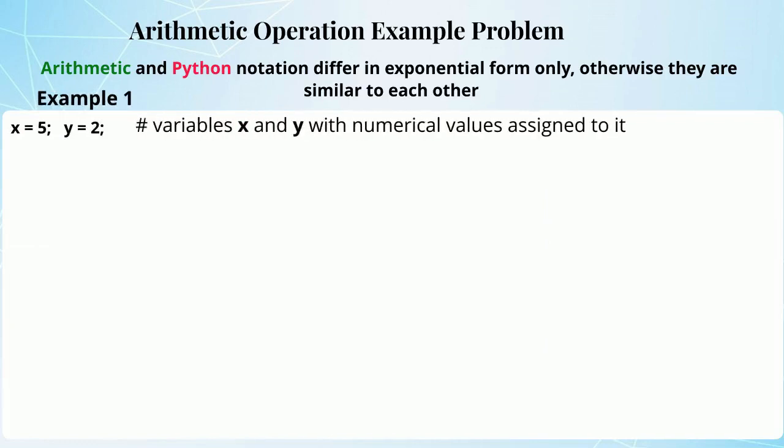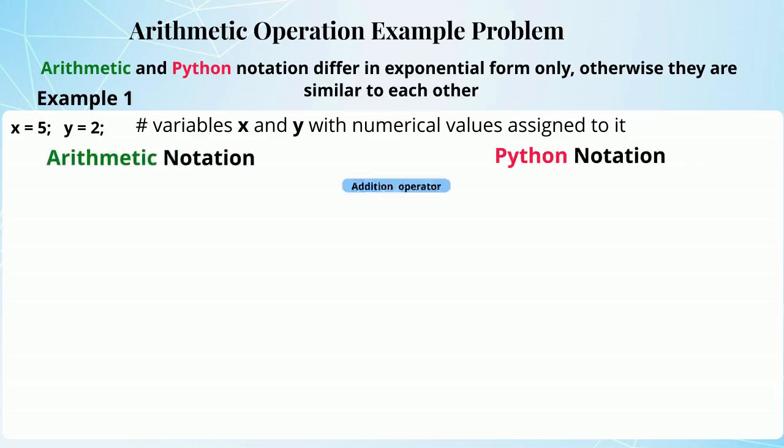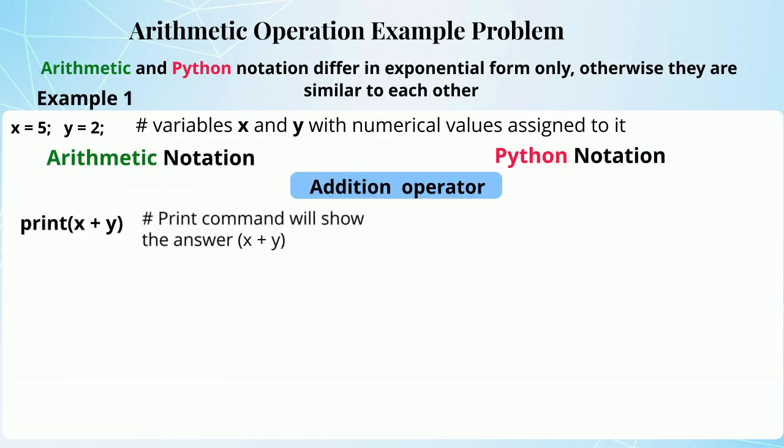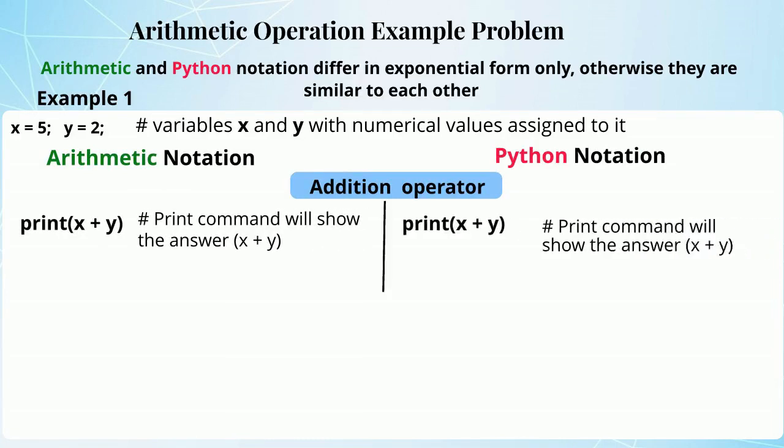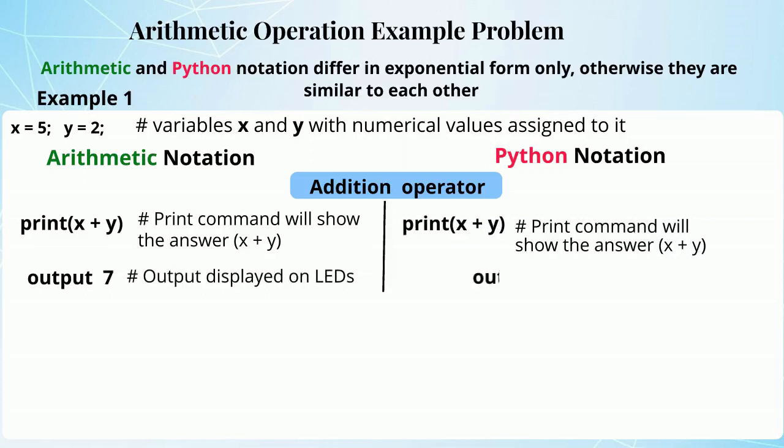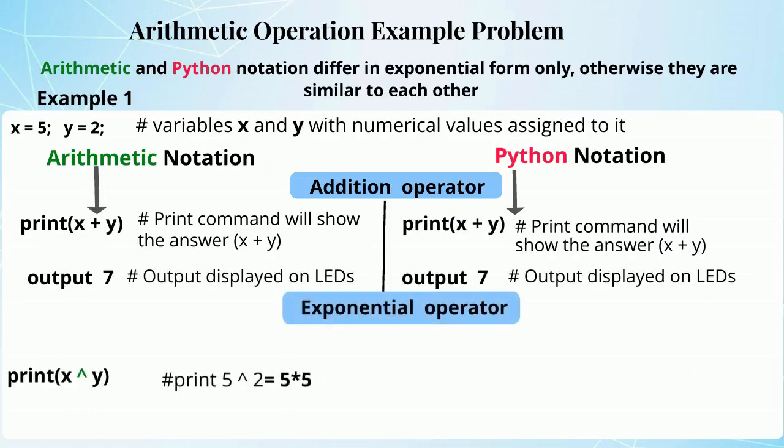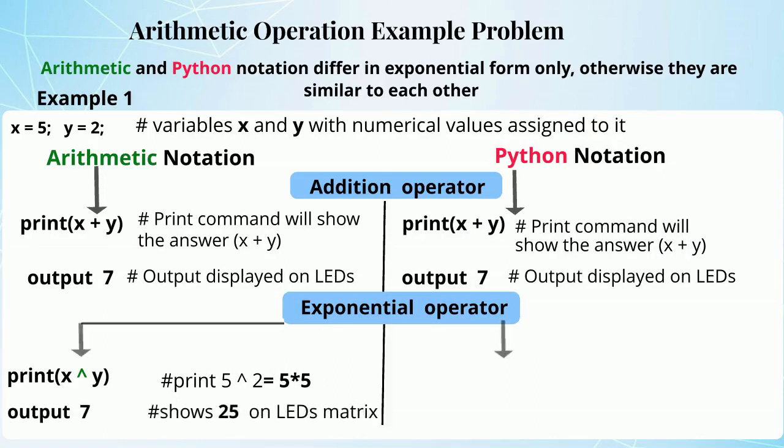Firstly, 2 variables x and y are declared and numerical values assigned to them. The arithmetic and Python notations are shown separately. The print command displays values on the LED matrix, and the output shows the sum 7. Notice that the notation for addition is similar in arithmetic and Python, whereas in the exponential operation the operator is different. Syntax shows the different notation.